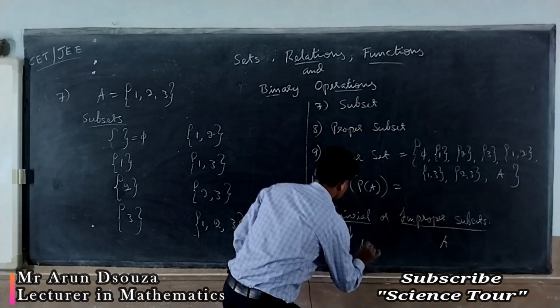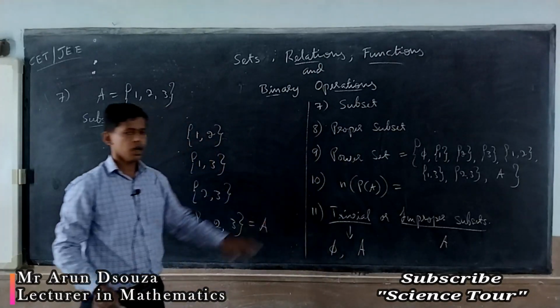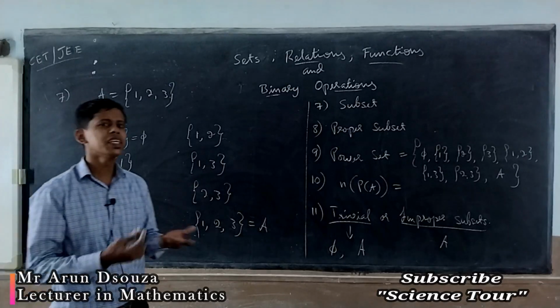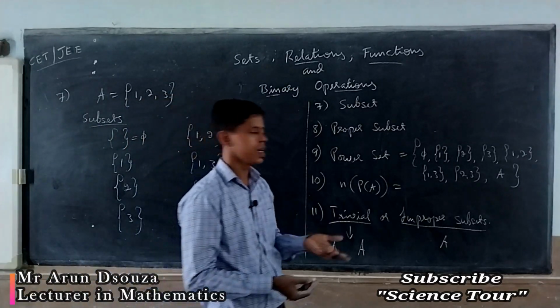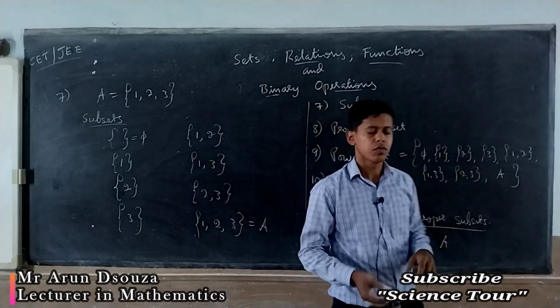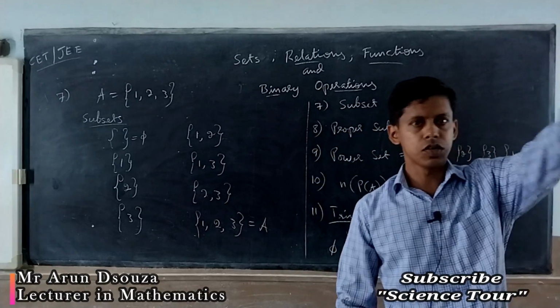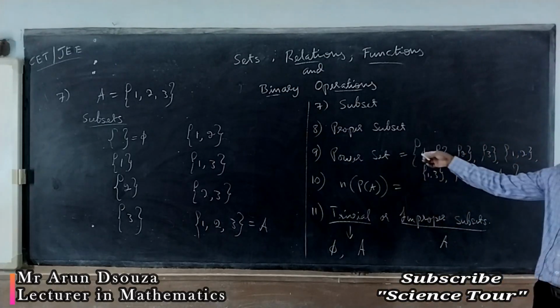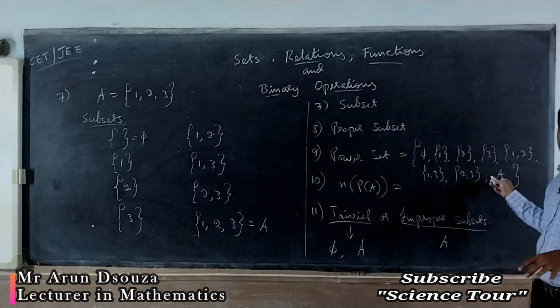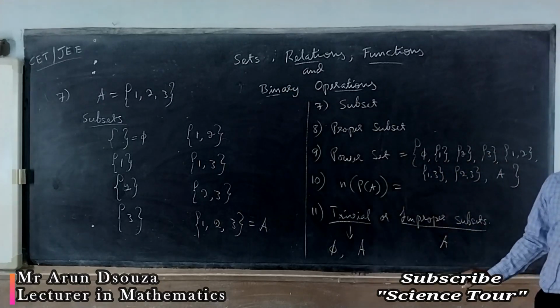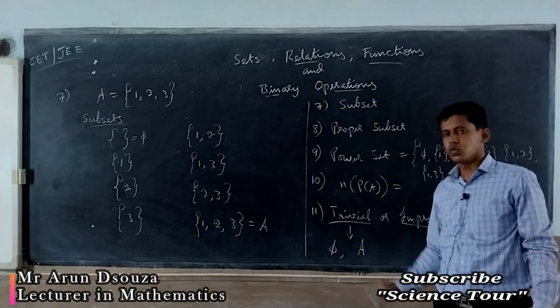Okay, so phi and A are trivially, automatically, by default there. These two will always be there wherever you go. Whichever set you take, these will always be there. This will sit in the first place, this will sit in the last place, always fixed. They will reserve the seats. Okay, so trivial subsets are 2.